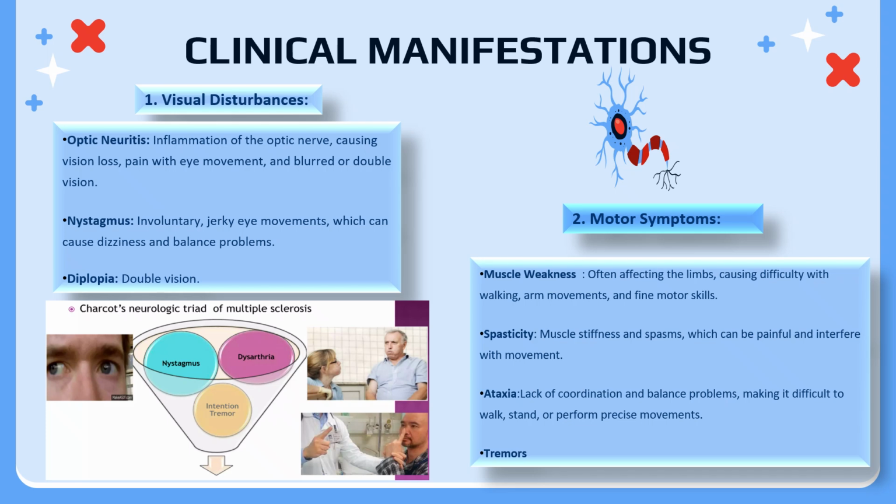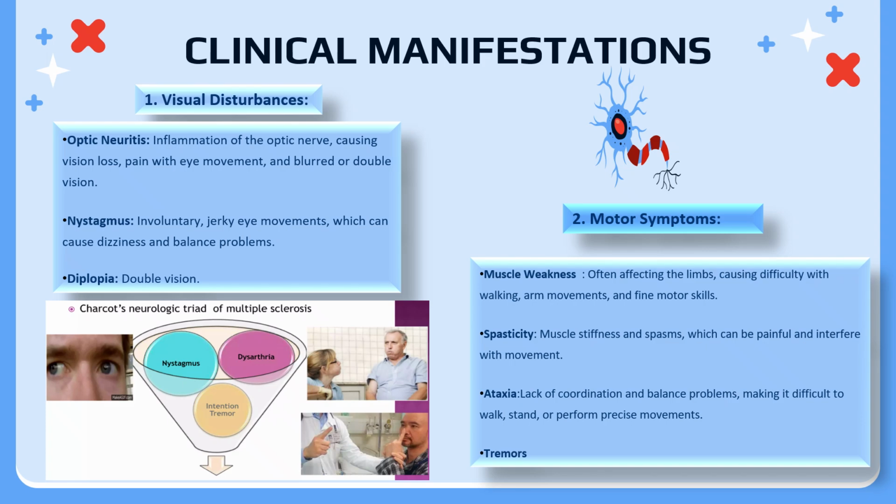Charcot's neurological triad of multiple sclerosis, you must understand, is multiple sclerosis. What is Charcot's triad? It is nystagmus, dysarthria, that is, he's not able to tell you exactly what he's trying to say, and intention tremor. Together this is called Charcot's triad.